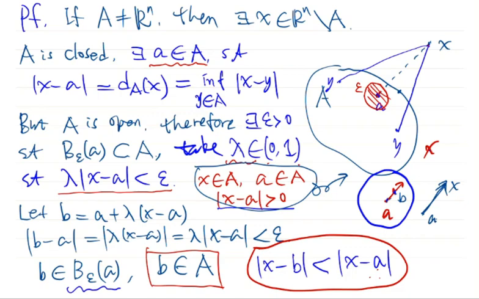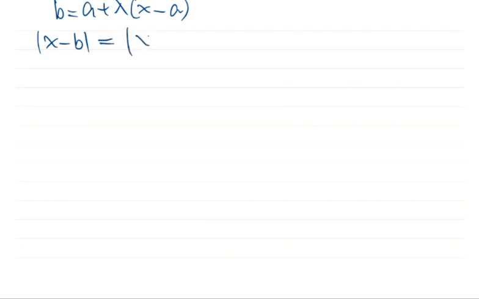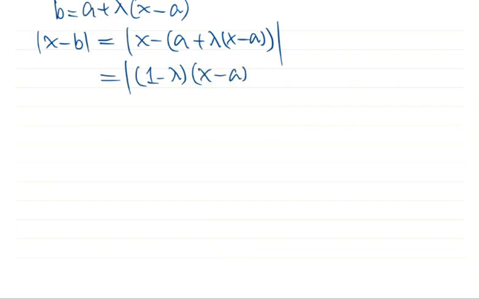So to prove this inequality, we need to estimate the distance from x to b. But what's our b? Our b is a plus lambda times (x minus a). Therefore, this is x minus a minus lambda times (x minus a), and so this is (1 minus lambda) times (x minus a).